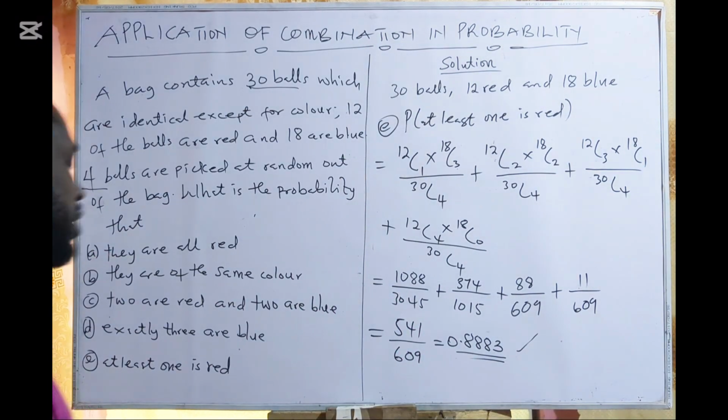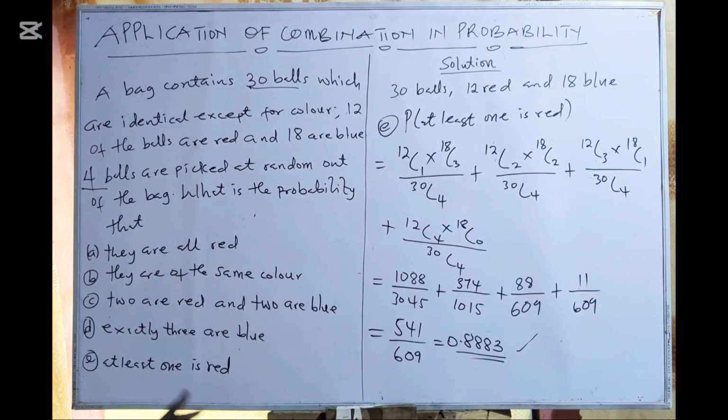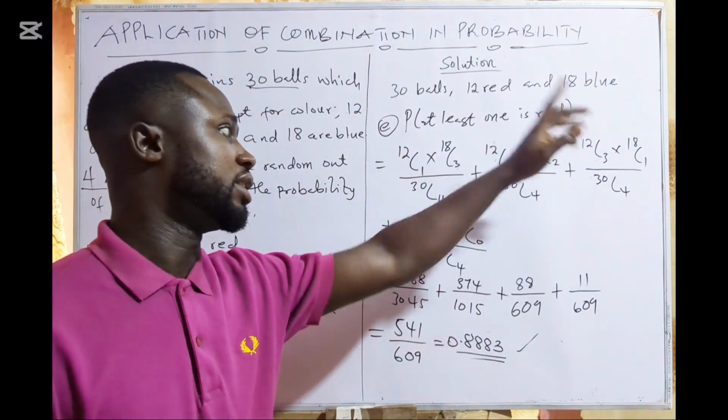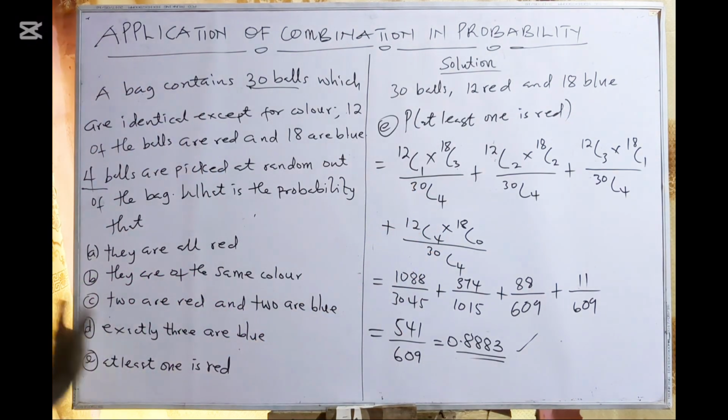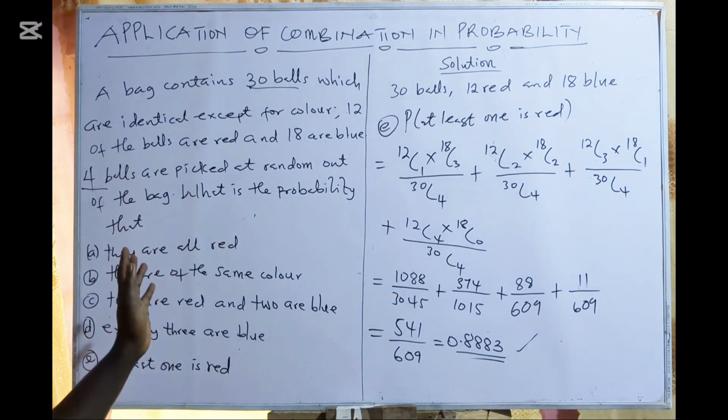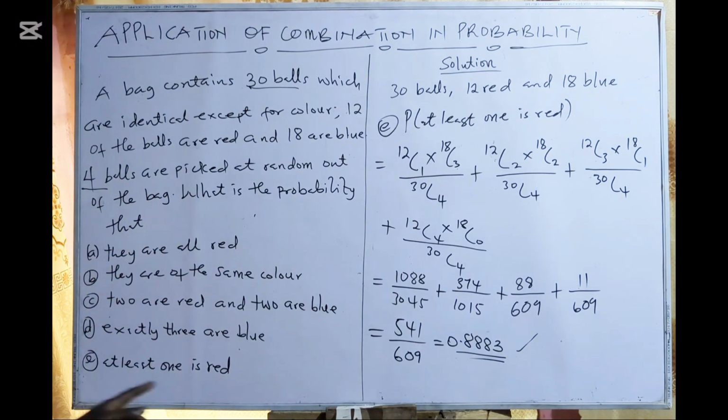Since this is at least one, it means that there will be 1 red, 2 red, 3 red, or 4 red. So we can also solve it in such a way that what can happen for the red is that there can be 0 red, 1 red, 2, 3, or 4, since we are selecting 4. So let's find the probability that we didn't select red at all, and then subtract from 1, and that will be the answer.